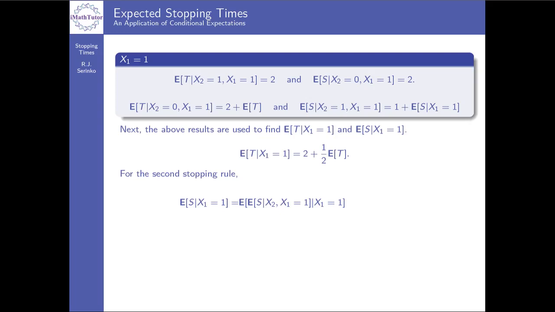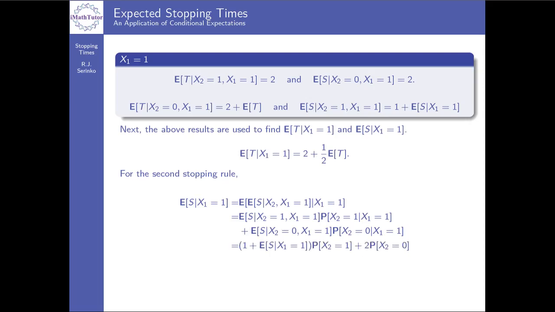For the second stopping rule, again, we use this well-known result from probability theory, and again, use the definition of expectation, and having to use a conditional probability, which reduces to an ordinary probability because of independence.